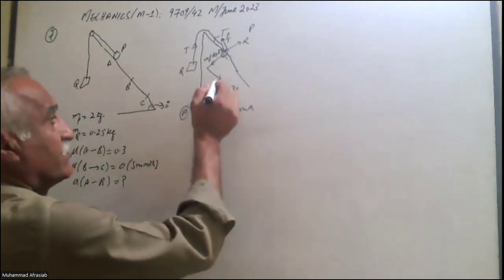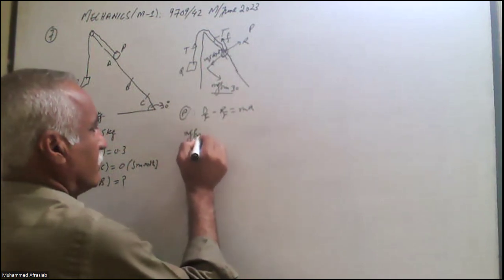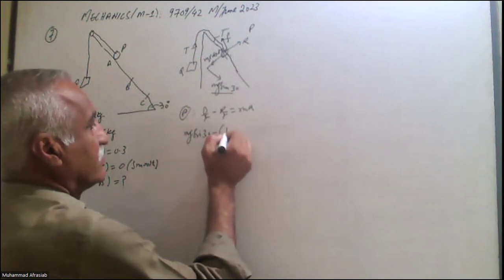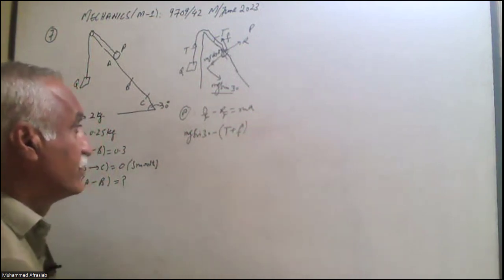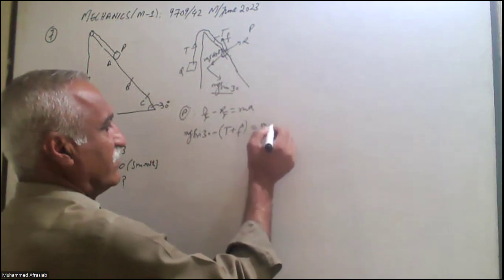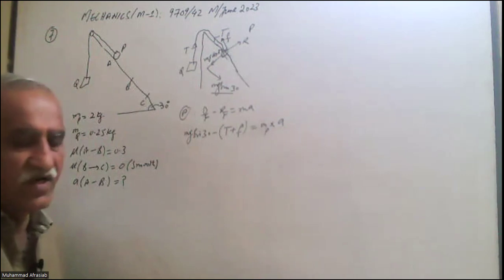The driving force is mg sin 30 minus tension, and the frictional force acts as a resistive force, equal to the mass of P into the acceleration a, which we are going to find.